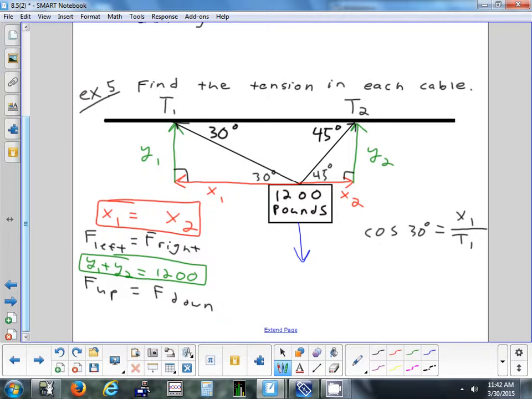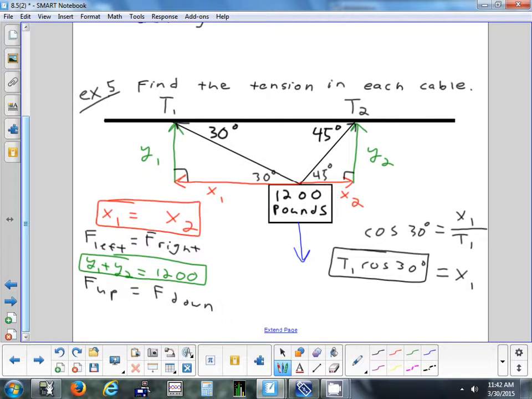Now I want to solve for x1. Okay, Jill, if I solve that equation for x1, what would I get? T1 cosine 30. Good. That's one of the four formulas we need to find and then substitute in. Okay, so x1 is T1 cosine 30.